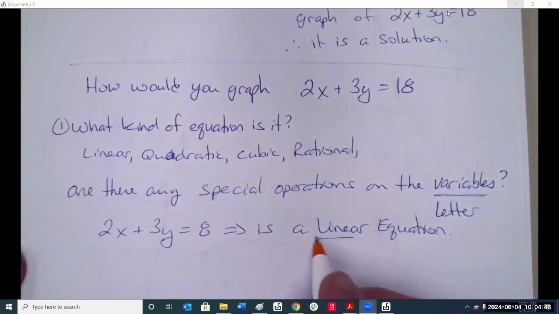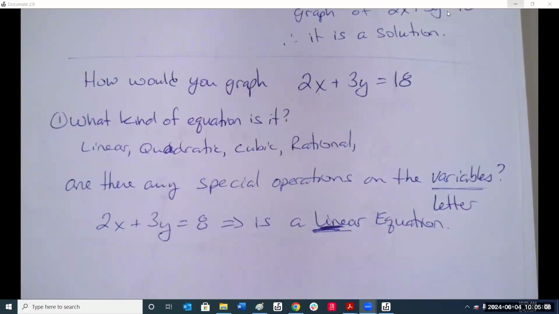Right. It means it defines, the first four letters, a line. What do we know about lines? They're straight. Yes. They continue infinitely both ways.